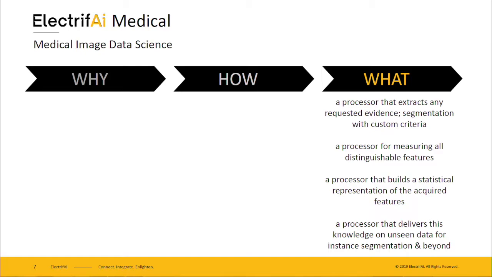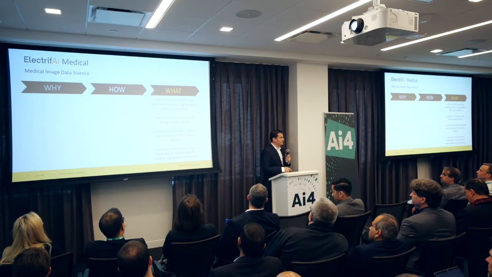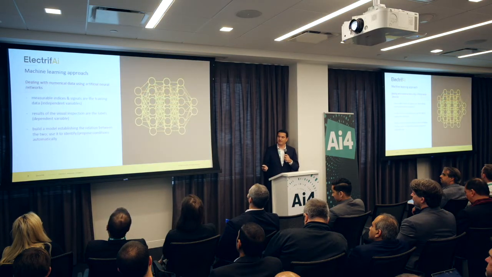And we have a processor that builds a statistical representation of the acquired features, because we want that extraction to contribute towards some kind of a knowledge base that you will deploy in the future for further processing. And eventually, we have a processor that delivers this knowledge on unseen data for instant segmentation and beyond. It might sound a little bit complicated, but as we go along, each one of these will become more clear.